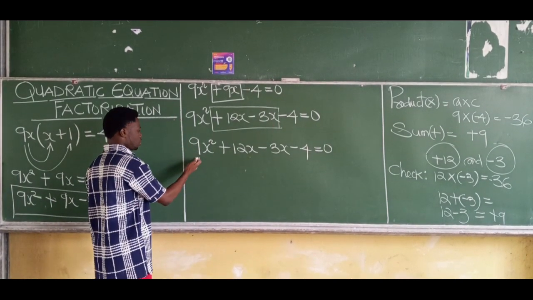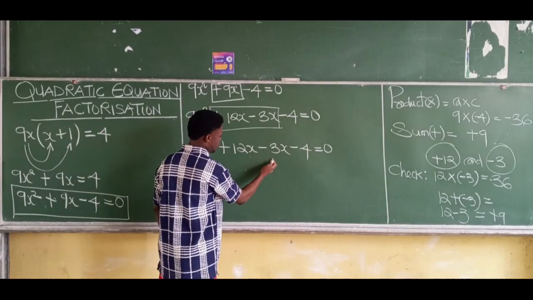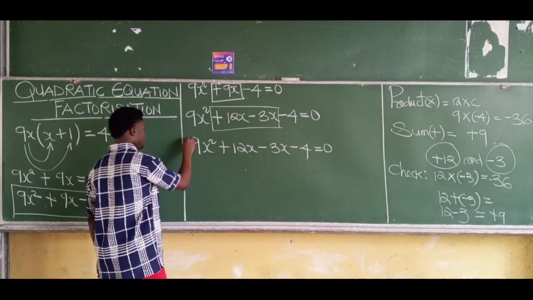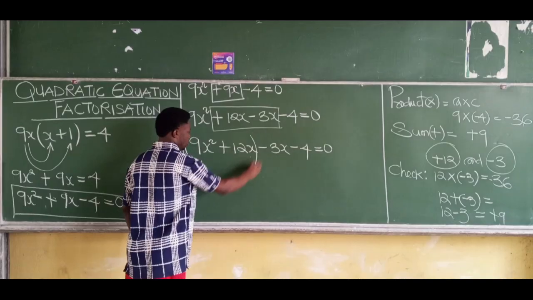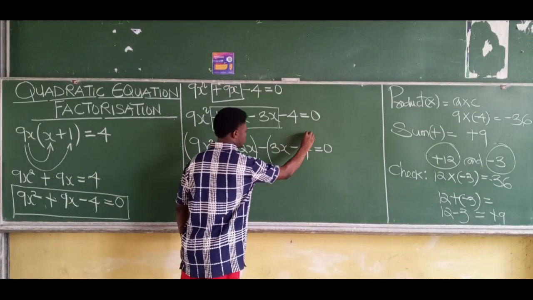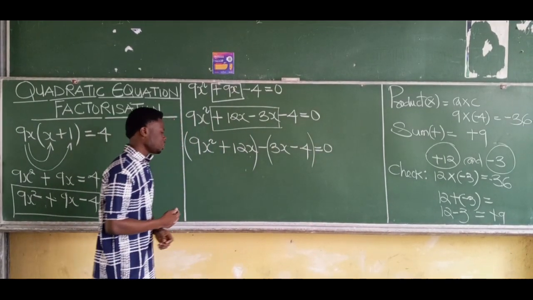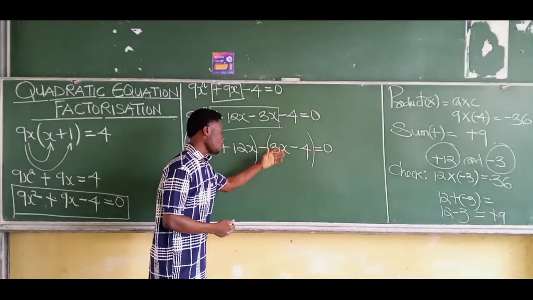Since there are four terms, let me group them, two terms in this bracket, 1, 2, and 1, 2.